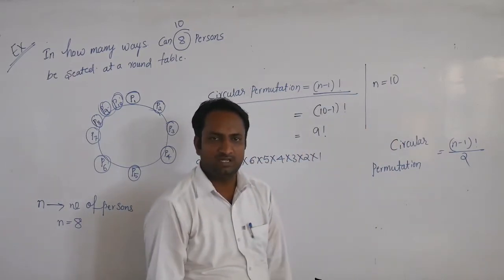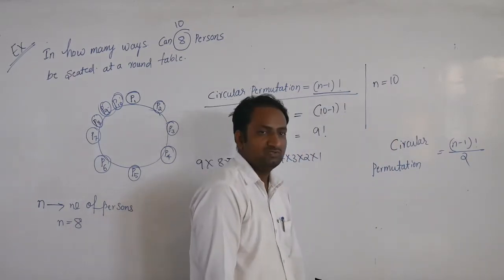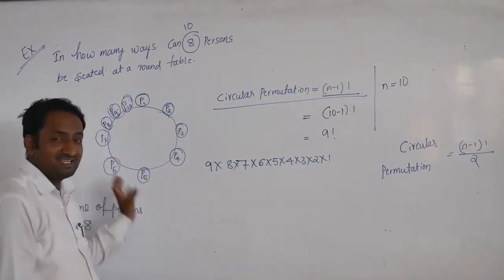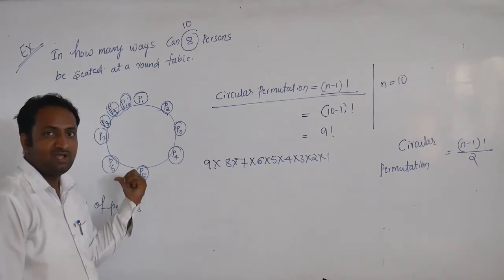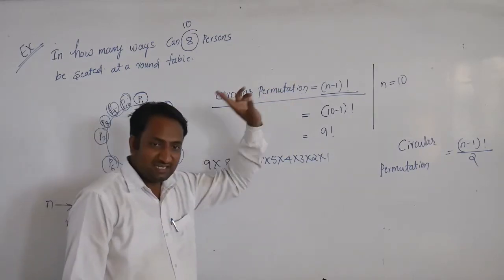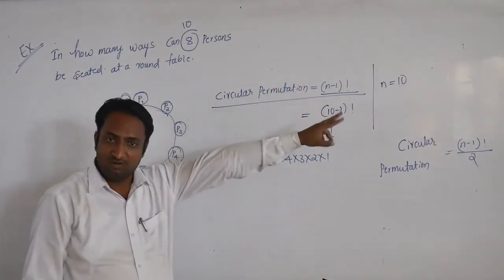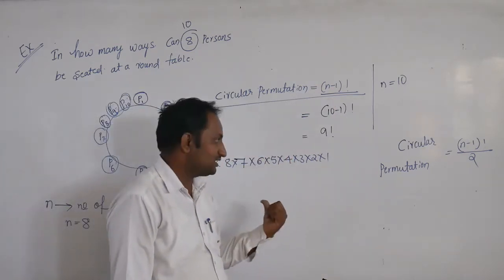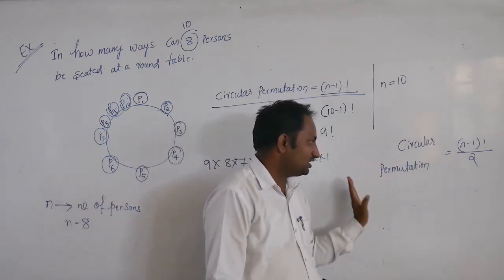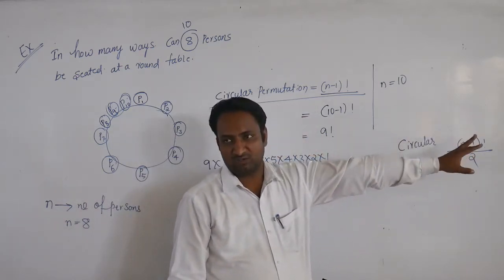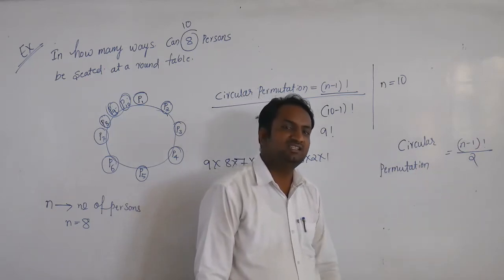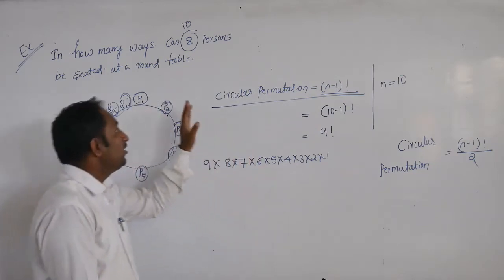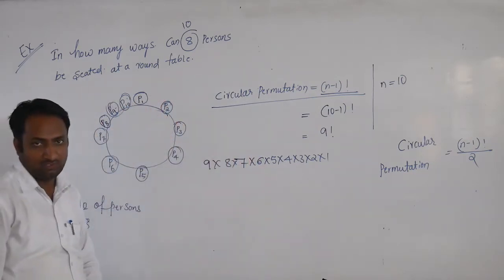These two are very important, basic essential formulas belonging to circular permutation.